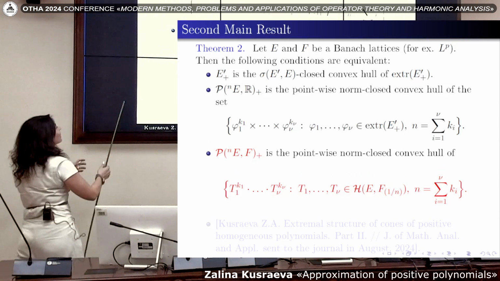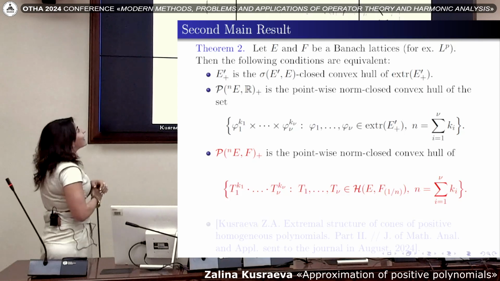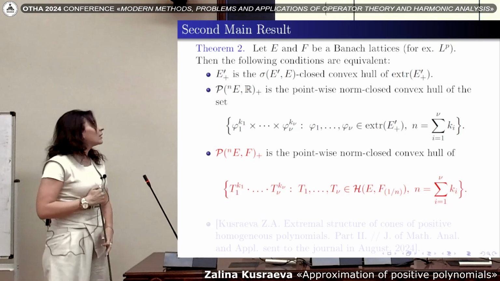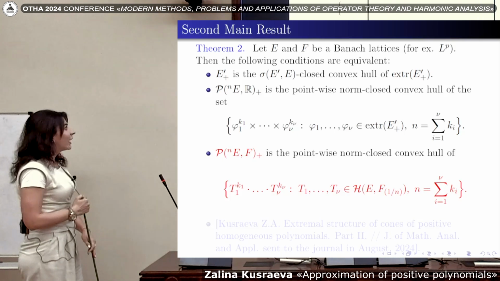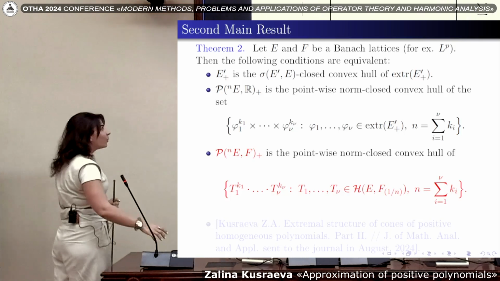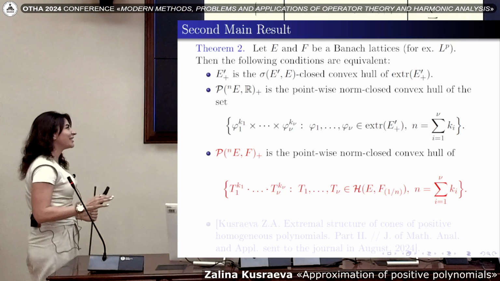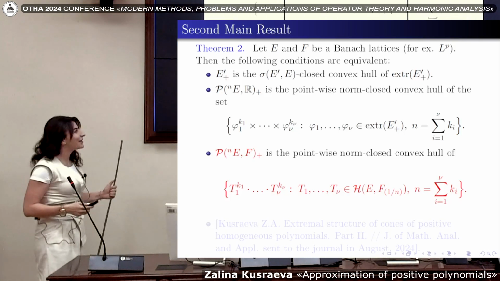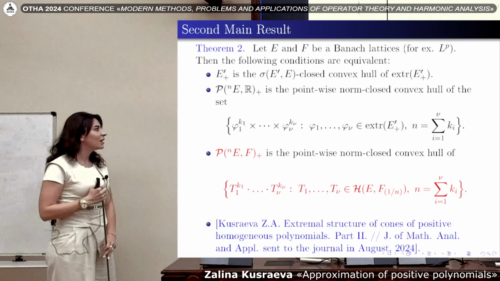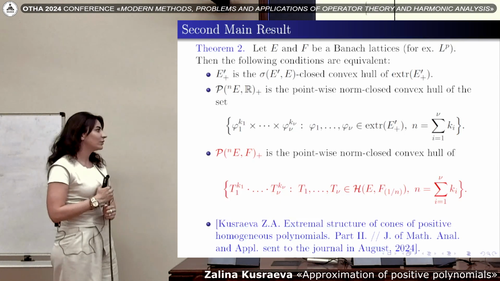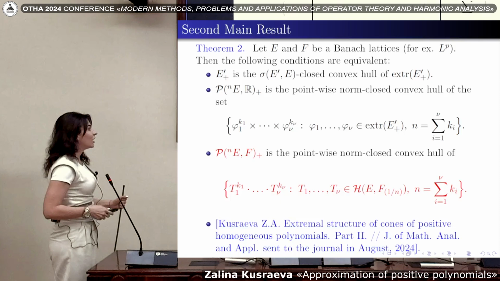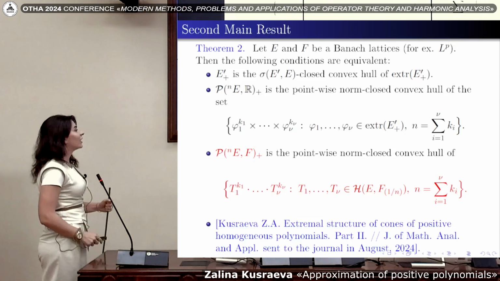And again, the first bullet says that a positive linear operator is the pointwise norm closed convex hull of its extreme, sorry, I always say points, but I mean rays, extreme rays. This result was finished, I guess, at the beginning or maybe the middle of August, and is submitted to the same journal. I'm waiting for their answer.